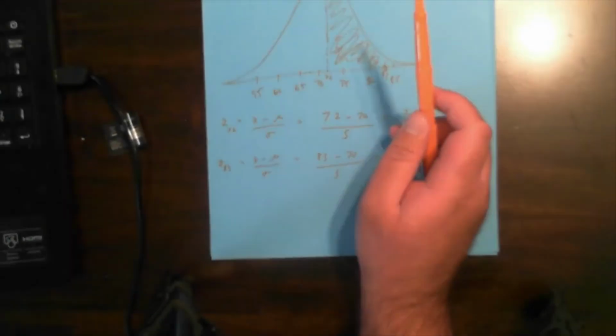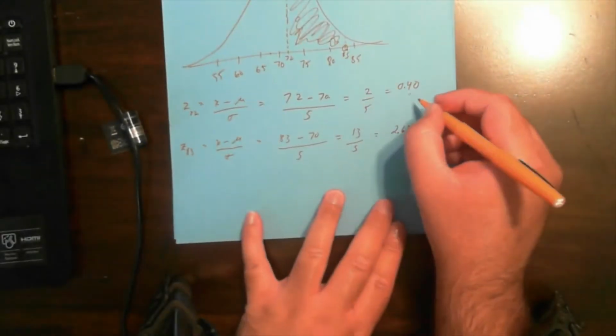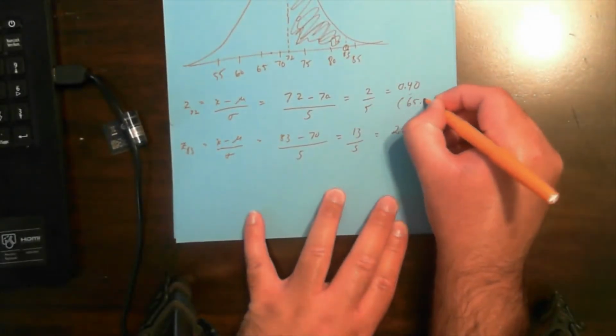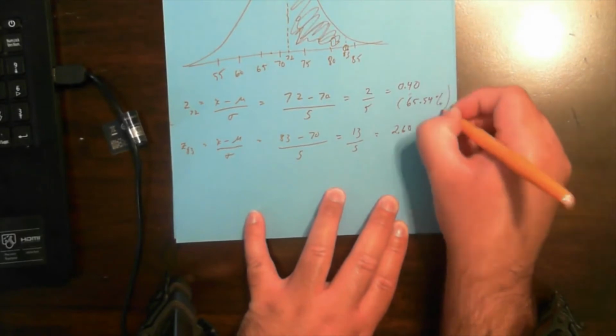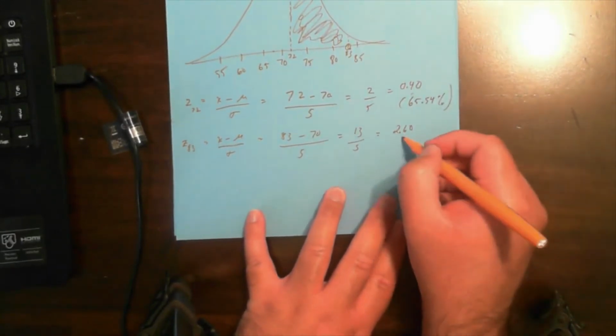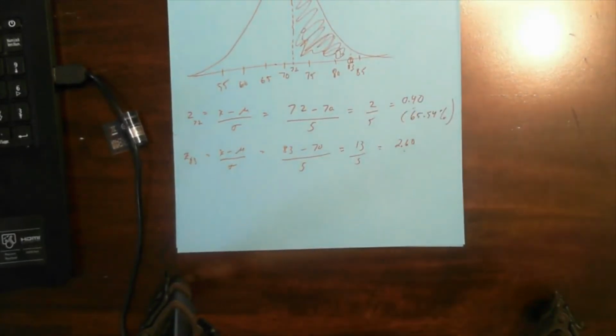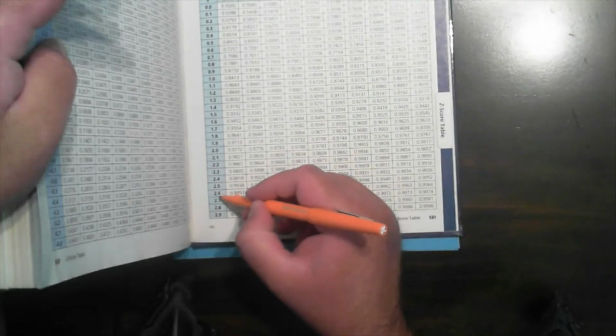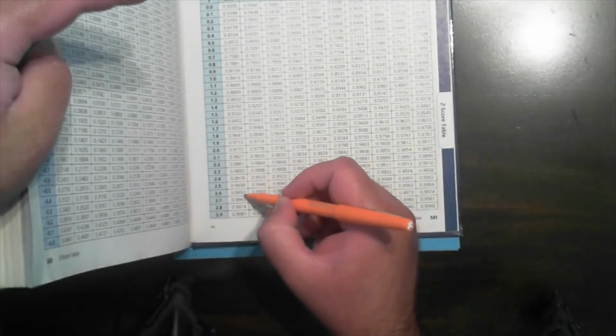So I'm going to write down 65.54%. Okay? Now I'll find 2.60 in the table. So same process here. So 2.6 and then 0 is right here.